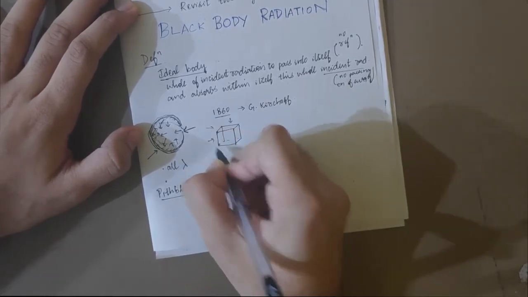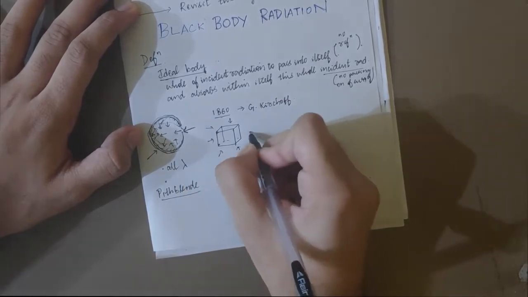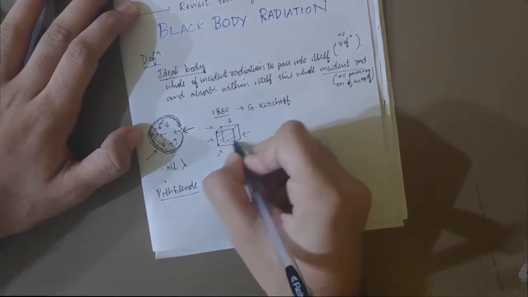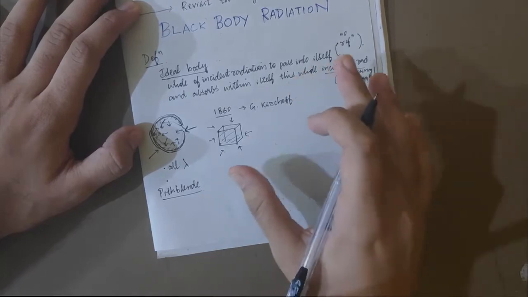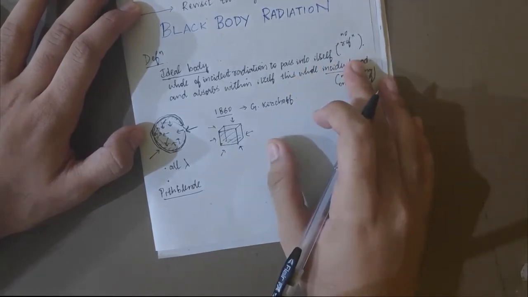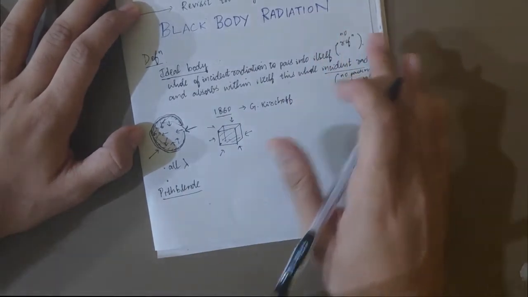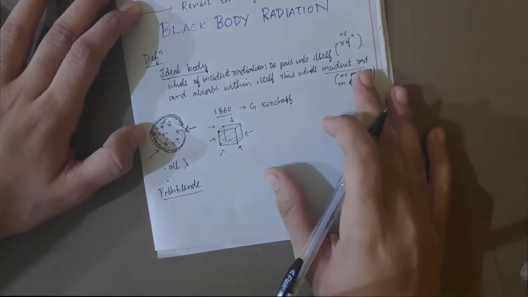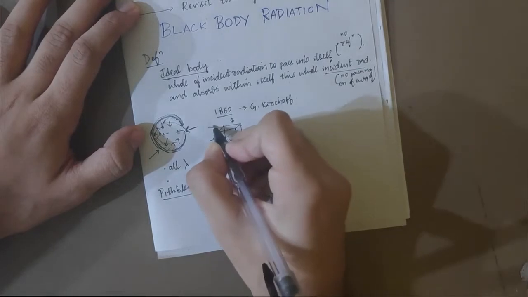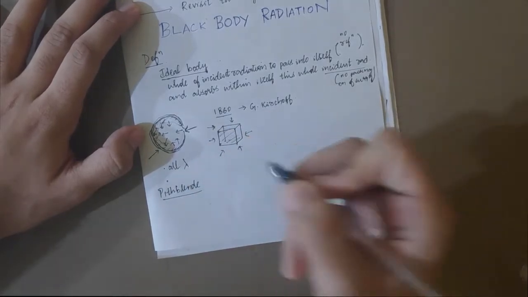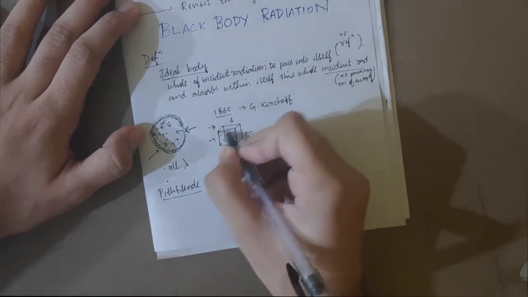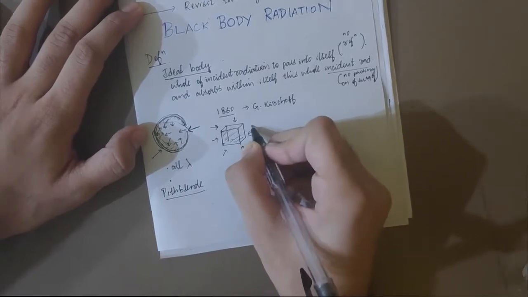So if I have a box or a body, and I have visible light here which I can see, and the body absorbs all of that, then the body appears black. That is how the term black body came into being. The term is purely conventional and has historical roots.